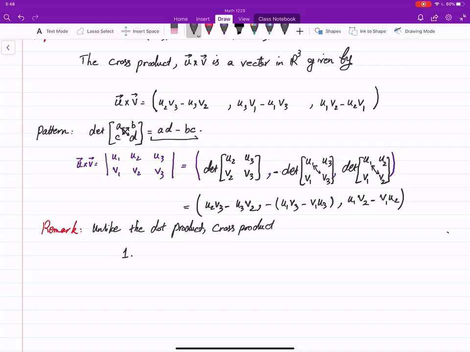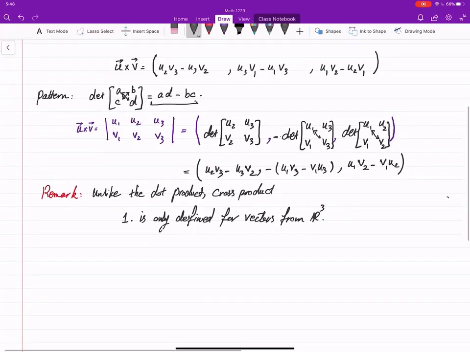First of all, the cross product is only defined for vectors from R3. We can only apply the cross product to vectors with 3 components.